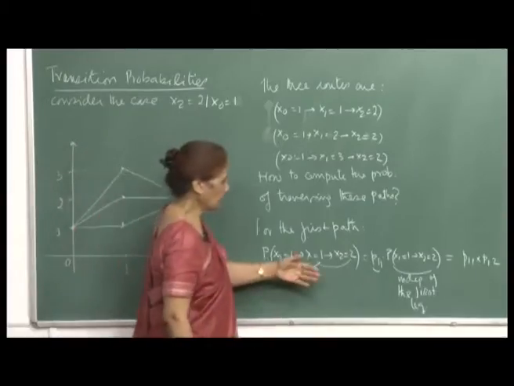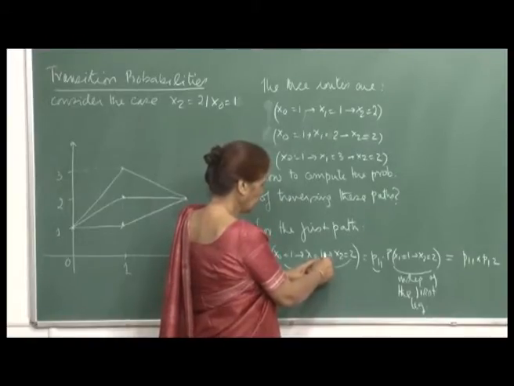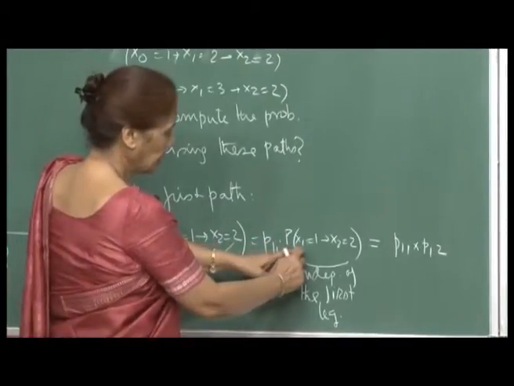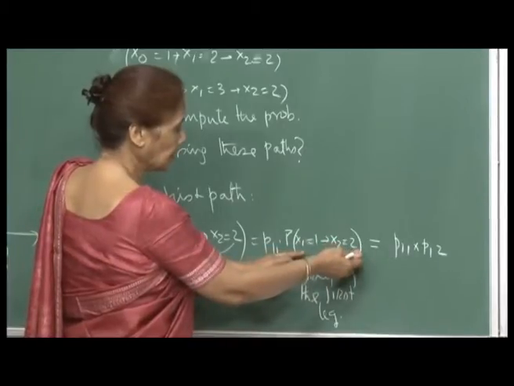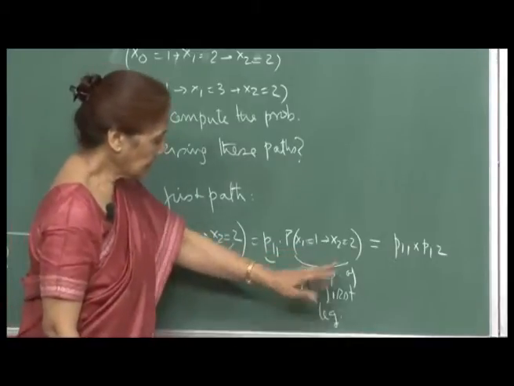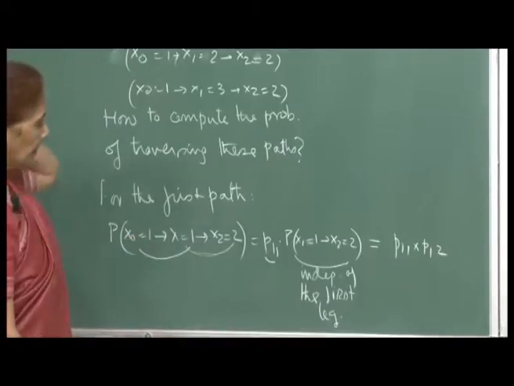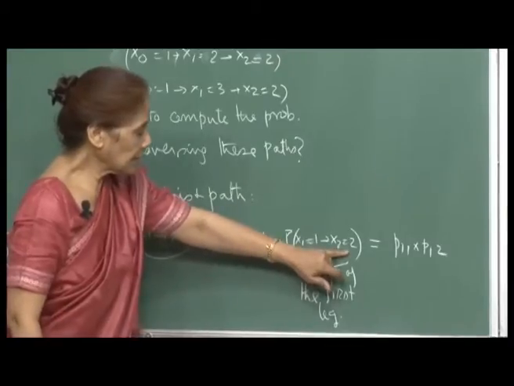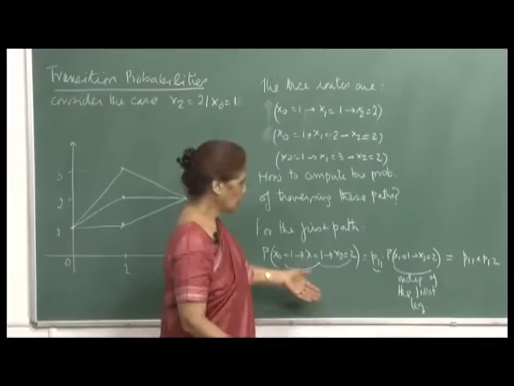Now, we use the Markovian property, because the probability that you want to compute is of going from 1 to 2, that means you are actually looking for the probability that you are in 1 at time period 1 and you want to transition to 2 in time period 2, right. Then you see this is independent of the first leg. Why? Because the Markovian property says that from here to here the transitioning probability is independent of where I was at time 0, the initial state.